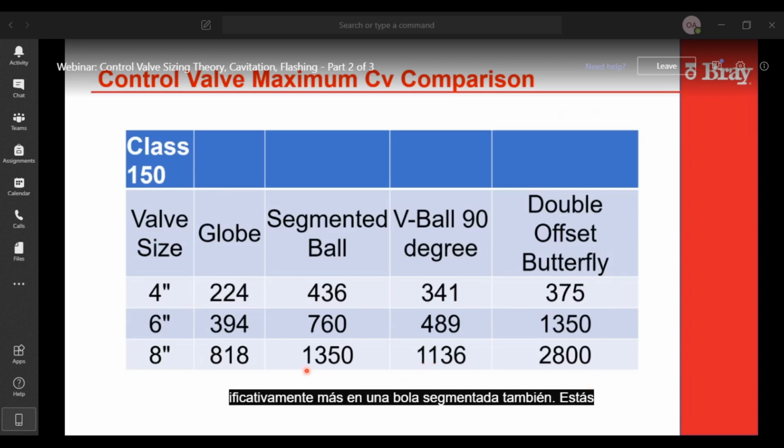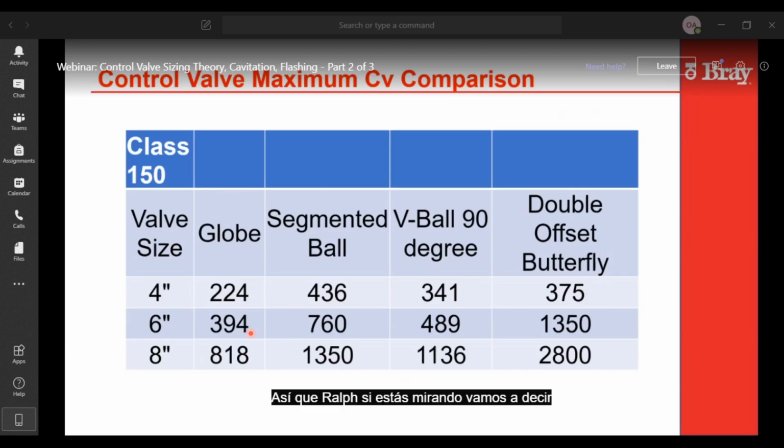You get about 50% more. So as the valves get larger, the rotary valve capacities are significantly greater than globe valves, and the cost differential is also greater. So the bigger the globe valve, the bigger the price difference from a rotary valve.